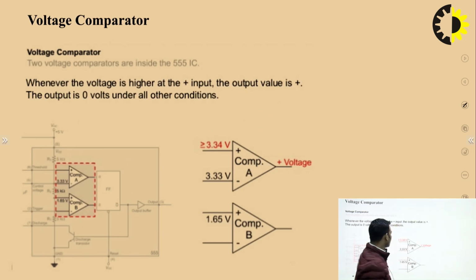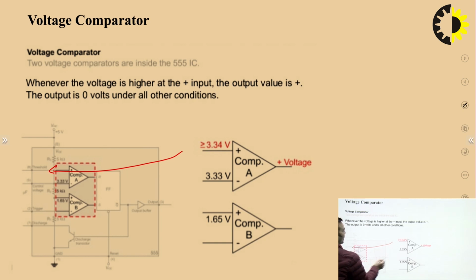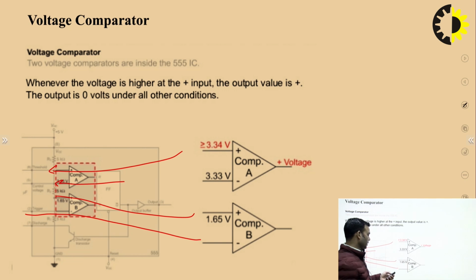Now, there are two comparators you can see here. As you all know, a comparator is a circuit which compares two inputs. Here one terminal is already fixed and another terminal will be given some input, and similarly here one terminal is fixed and another can be given some input.